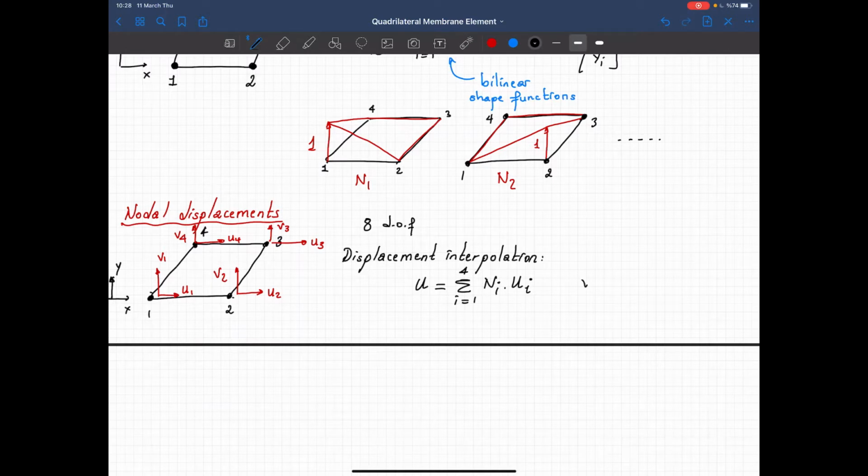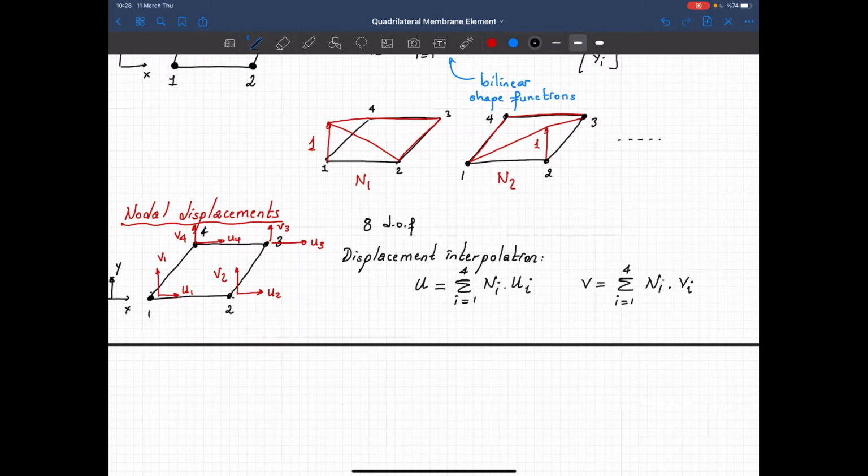And likewise, the displacement in the y direction is equal to, again I can use the same interpolation functions, the sum for i equal to 1 to 4 of Ni multiplied by vi.